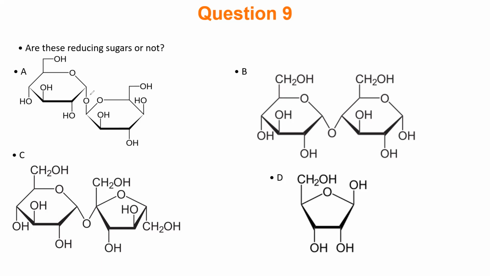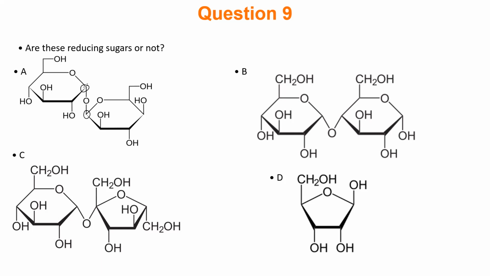The first thing you need to do is find the anomeric carbons. And the anomeric carbon, again, is a carbon connected to two oxygens. So this carbon is connected to two oxygens. This carbon is connected to two oxygens. These are our anomeric carbons.